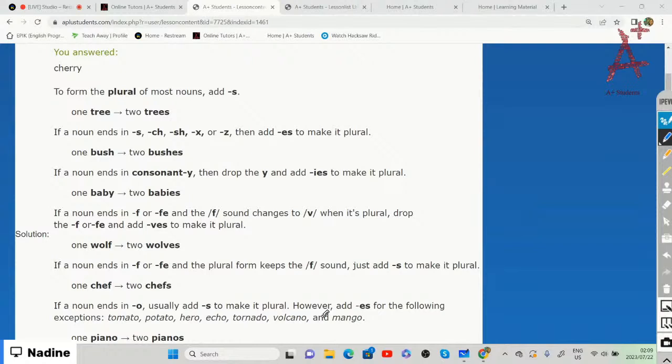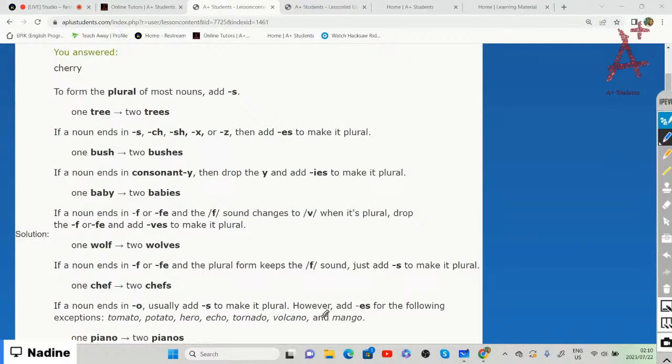And as you can see, we drop the y and we do not even add it, for example, with that word. So we can't say babyes, right? So we don't do that. That is why we drop the y and we add ies. So one baby, two babies.